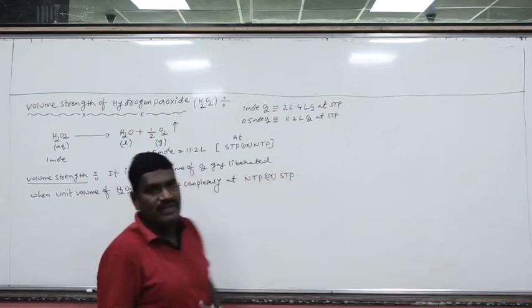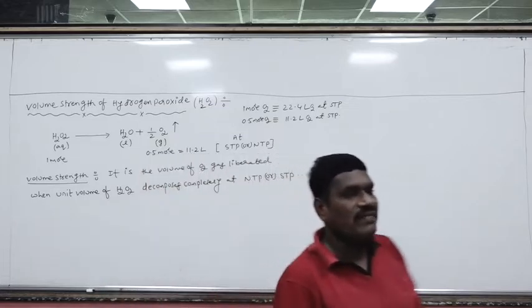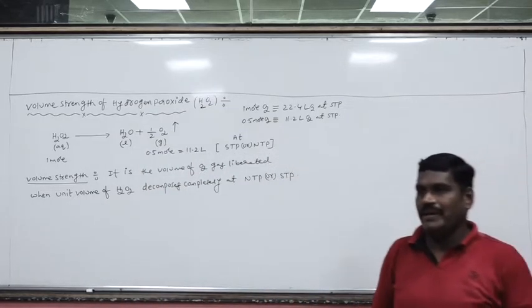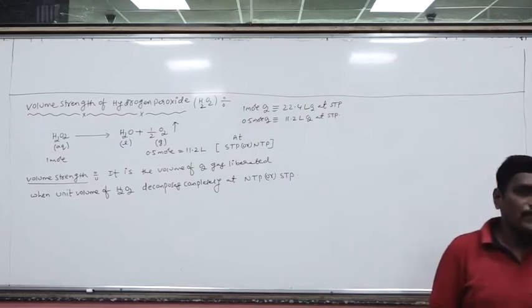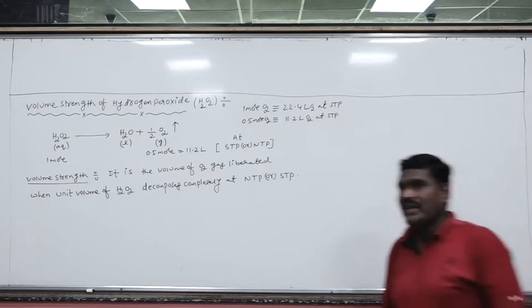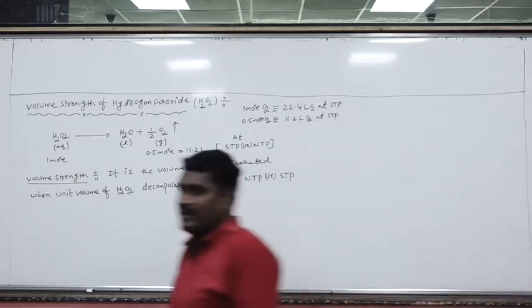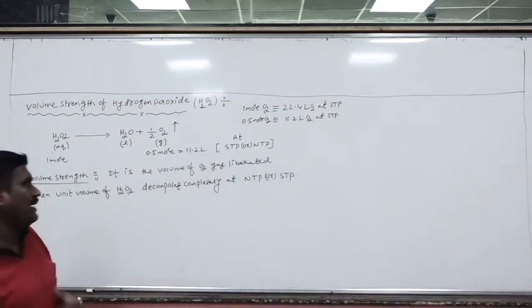What is the volume strength of hydrogen peroxide? It is the volume of oxygen liberated at STP by the decomposition of a unit volume of H2O2, by the decomposition of a unit volume of hydrogen peroxide at STP or NTP.